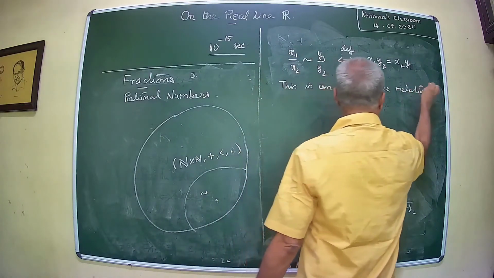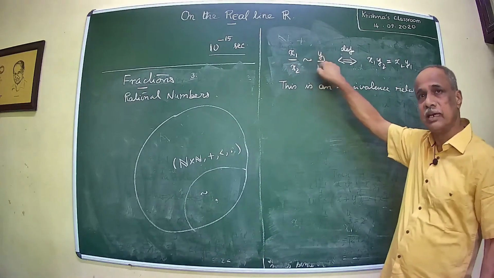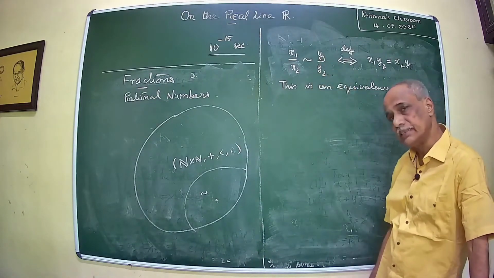What does it mean? It means x1 by x2 is related to itself for every x1 and x2. This is what you call reflexivity.